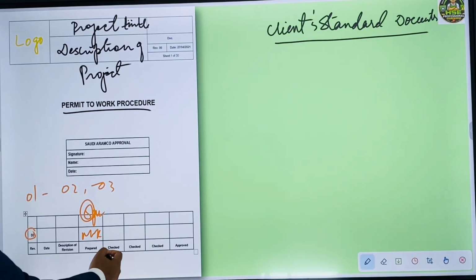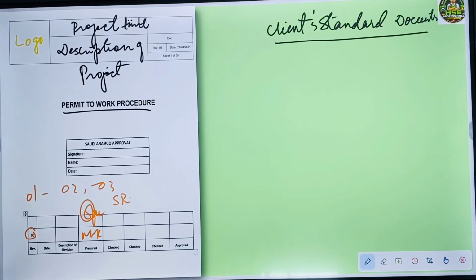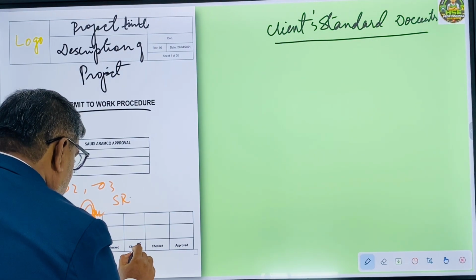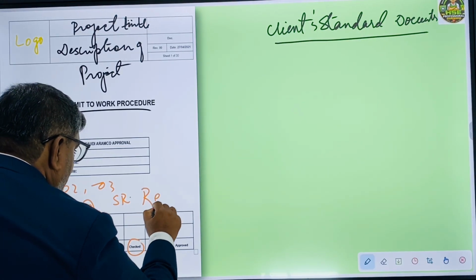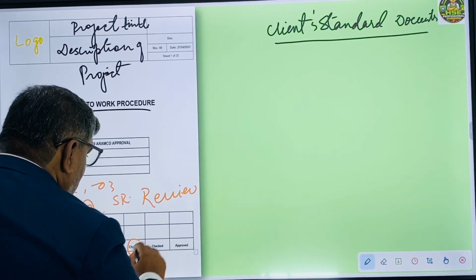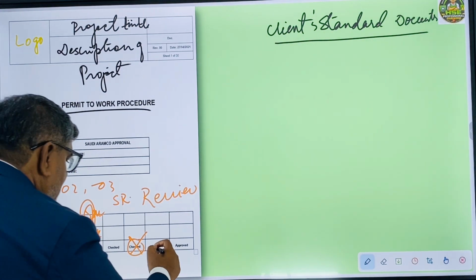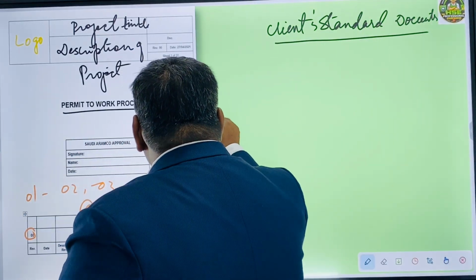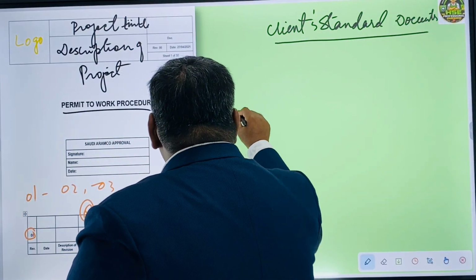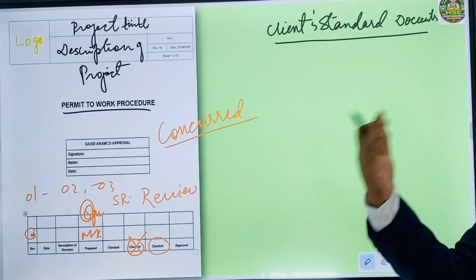Then it can be reviewed by my senior. Somebody who is senior to me needs to review this document. We can write here review. Then it can be submitted to someone who can concur, maybe our project manager, my senior management.